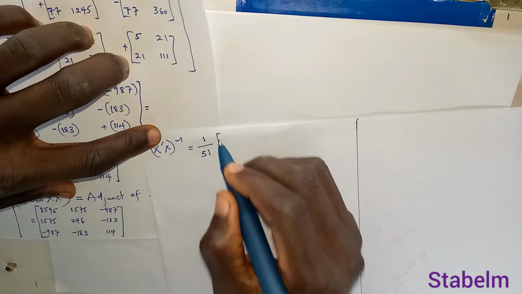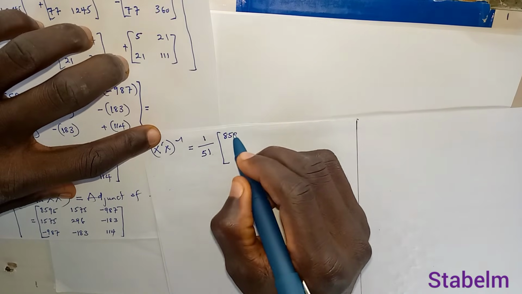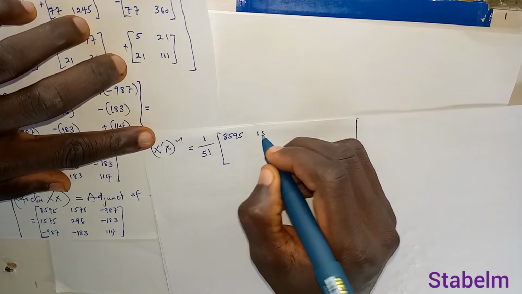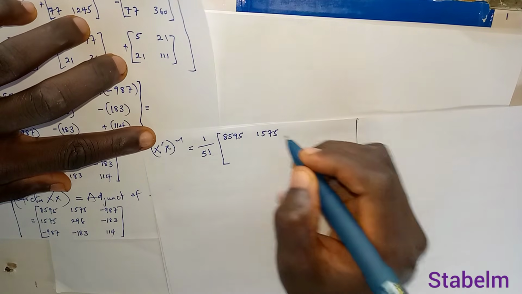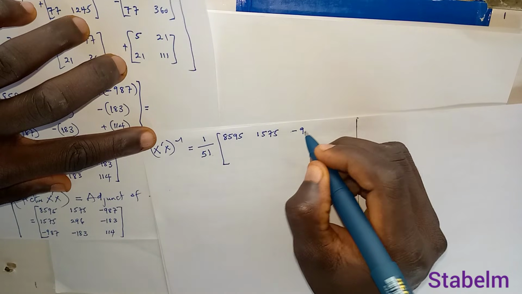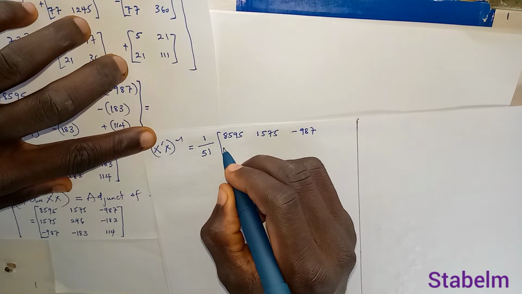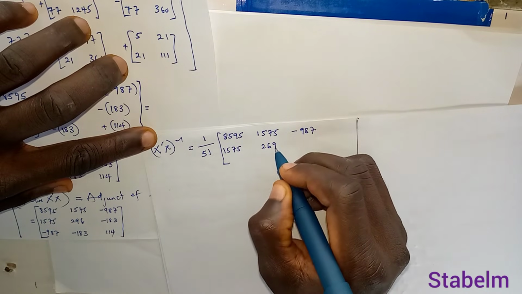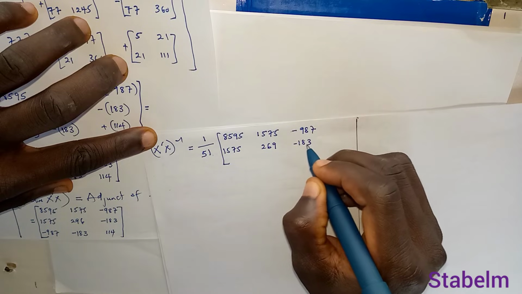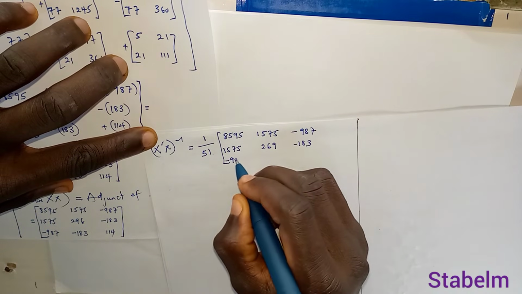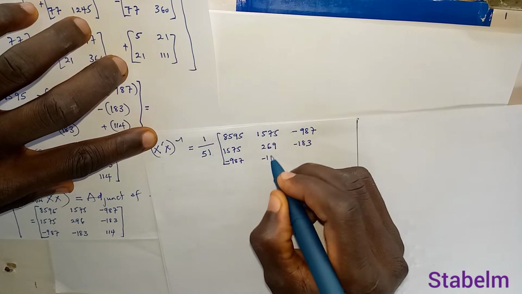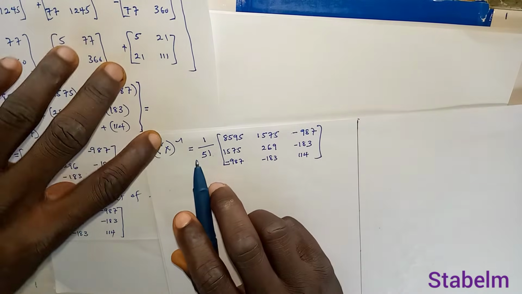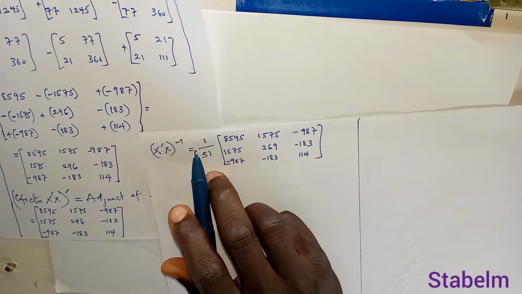So here we're going to have 8595, 1575, minus 987, 1575, 296, minus 183, minus 987, minus 183, 114. So this is the inverse of x prime x.